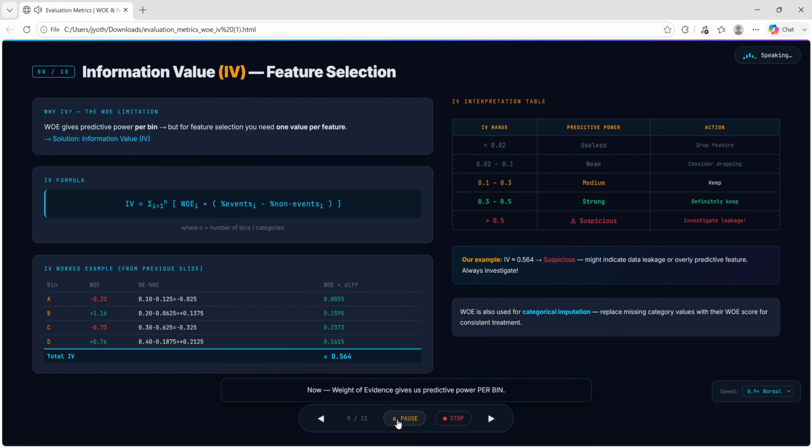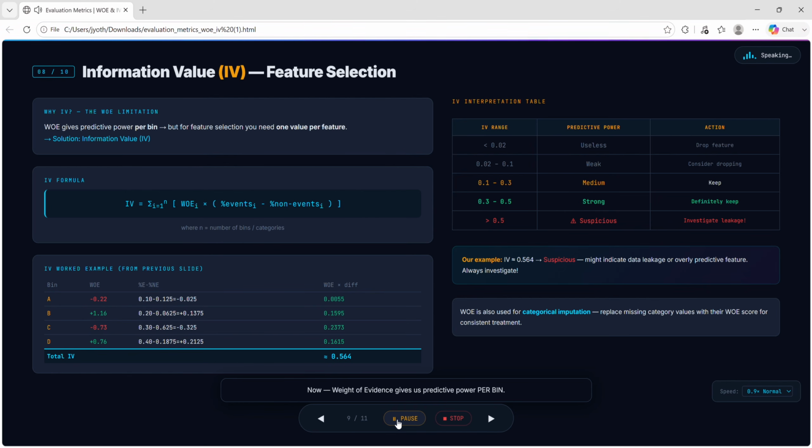Bin C, WOE is negative 0.73, difference is negative 0.325. Product, 0.2373. Bin D, WOE is positive 0.76, difference is plus 0.2125. Product, 0.1615. Total IV, approximately 0.564.